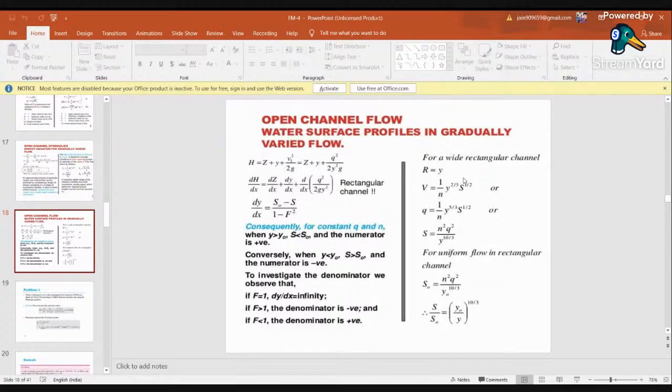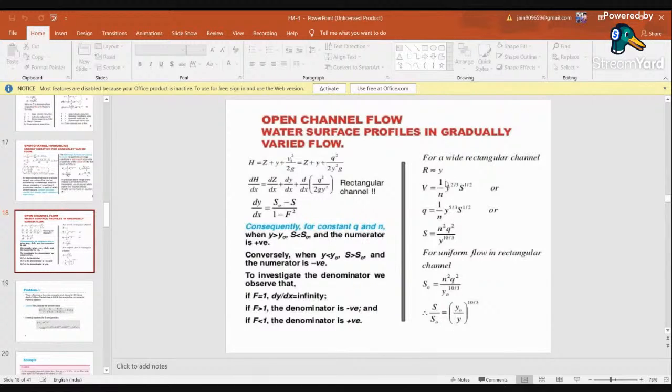When you solve this and replace all the values in terms of small q, you will get this final equation, that is S by S0 equals y0 by y to the power 10 by 3. Where S is slope of energy line and S0 is slope of channel bottom.